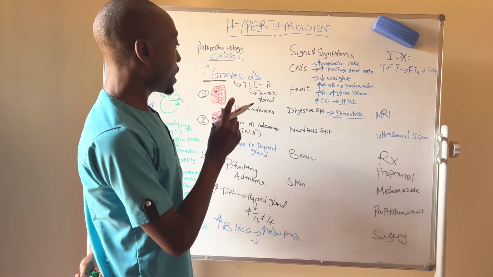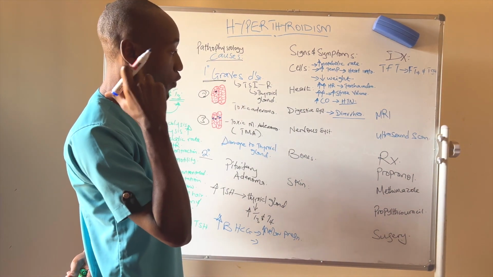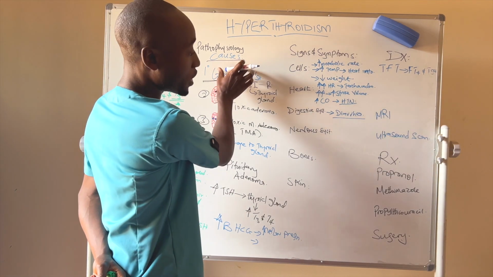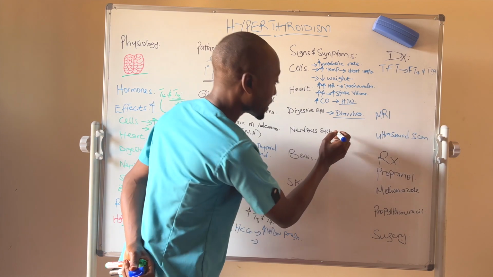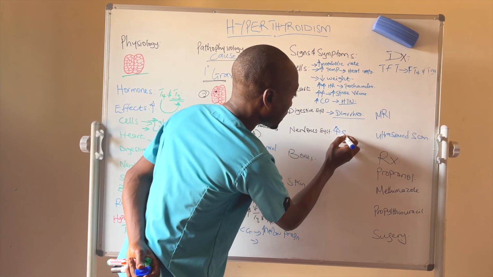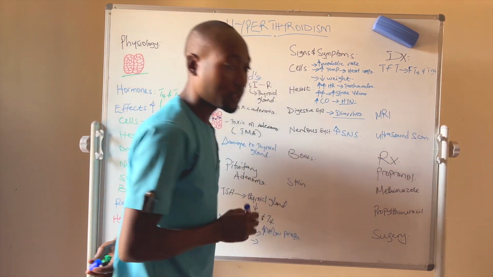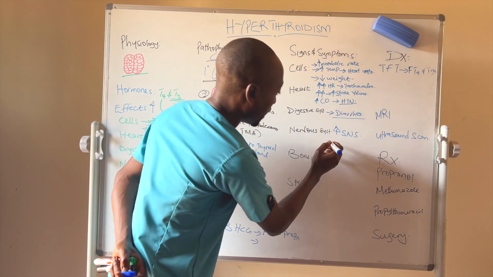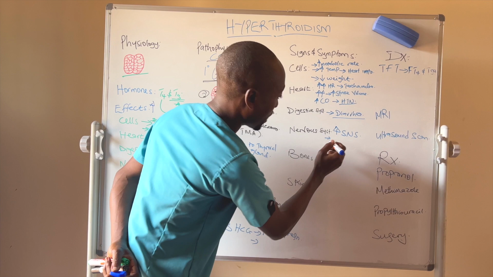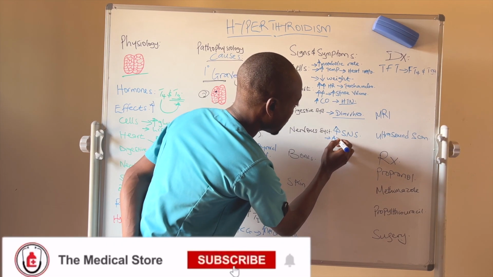Now, nervous system. We need to understand, in our first video, we found out that these hormones increase the effects of what we call the sympathetic nervous system in general. Okay? So, it means that one, this person is going to be easily agitated.